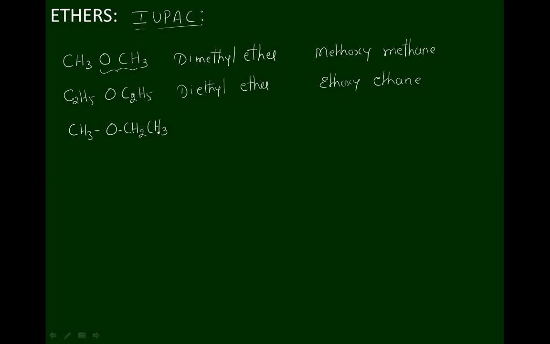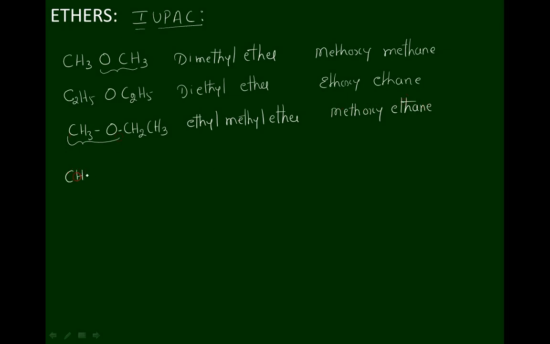This is a methyl group, this is an ethyl group. Ethyl comes first followed by methyl, therefore ethyl methyl ether. While representing the IUPAC name, the smaller group should link with oxygen, therefore it is represented as methoxyethane.